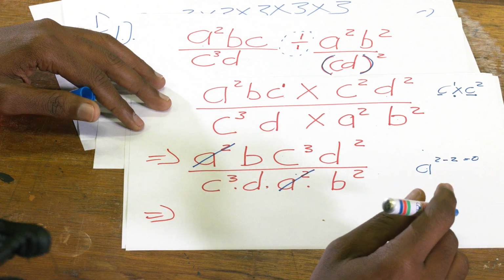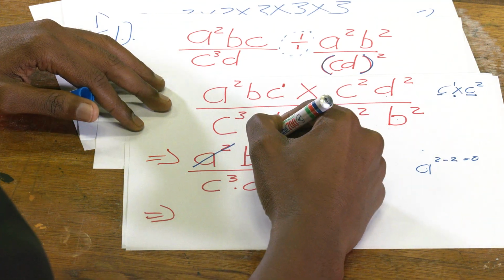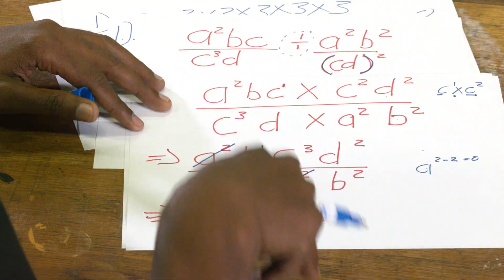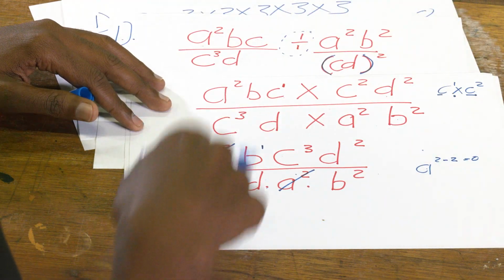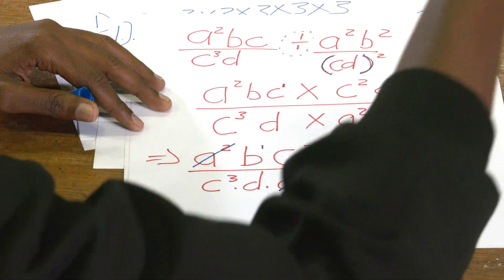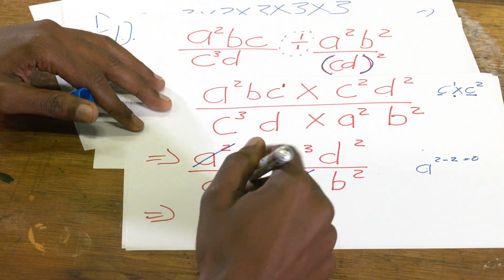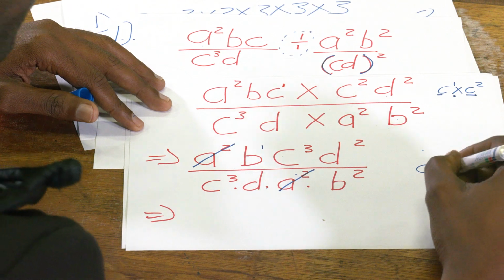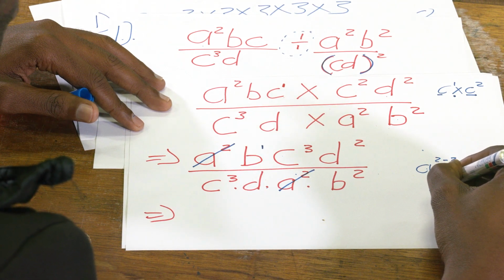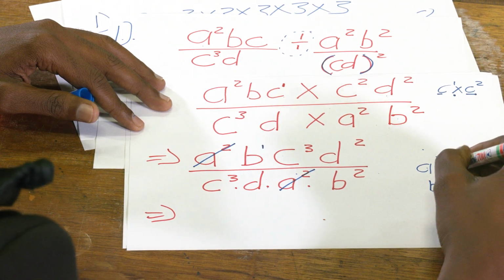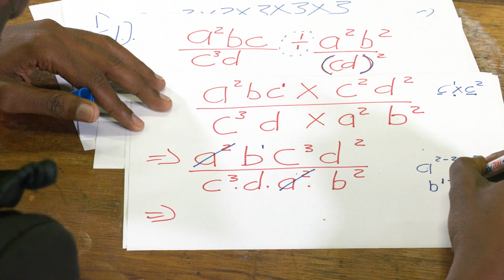And then now we look at b. So b is to the 1. Remember, any variable that's just by itself, when raised to the power of 1, is just that variable itself. So b to the 1, I'm doing this on the side so you get it, minus 2.